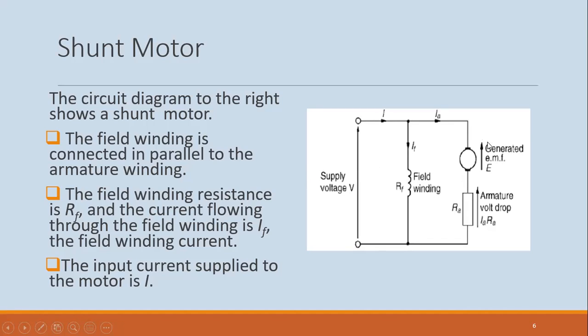As load increases on the machine, that current will also increase. So the input current supplied to the motor is I. Part of that goes to supply the field winding, which will produce the field flux, right? Which is necessary to create this induced EMF as the machine rotates.